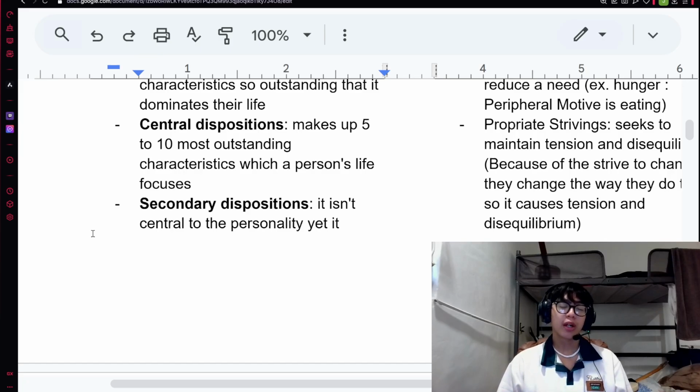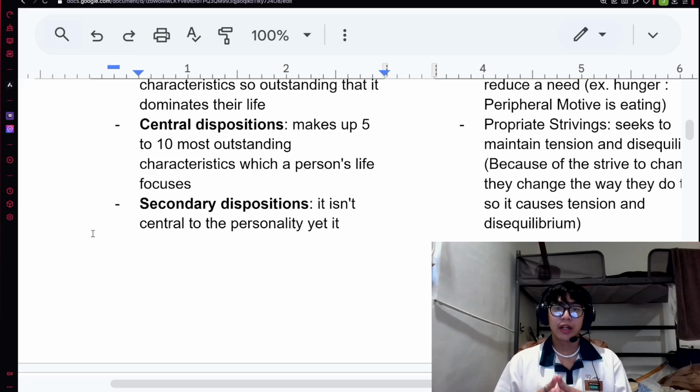For example, if I was to say that I'm a writer, I'm an actor, I'm a gamer, these are all central dispositions because they make up a person's life.